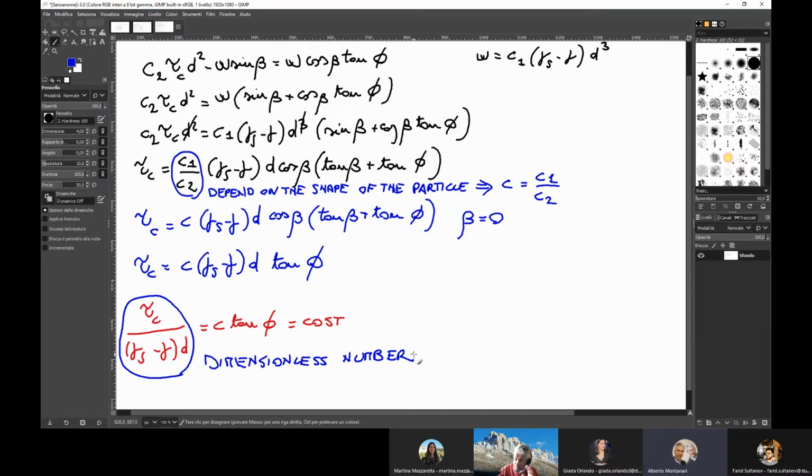The way can be experiments in the lab or in the field, or a physical reasoning, a theoretical demonstration. But if we can find the value of this constant, then we have solved our problem, because once we know the shear stress originated by waves, then through this constant we can estimate the size d of the units that I need, which is perfect.